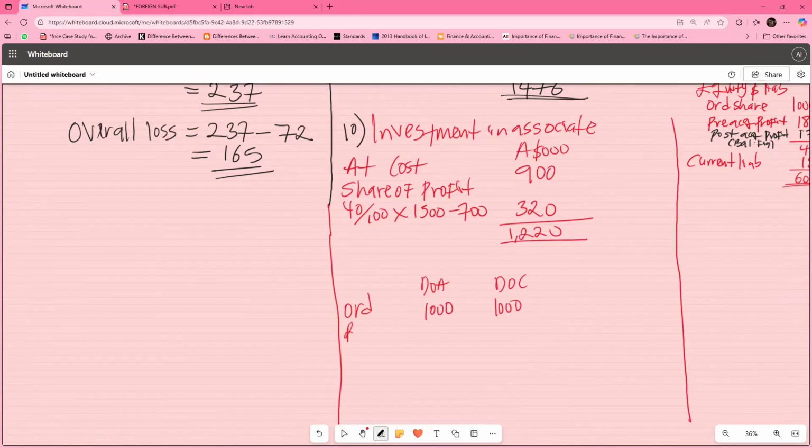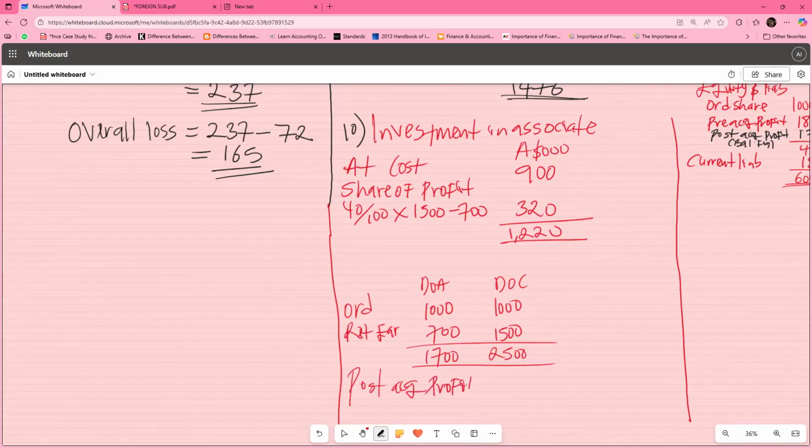The retained earning as at today is 1.5. And when you acquired it was 700. So it's just for you to say, okay, this is 2.5, and this is 1.7. Then post-acquisition profit is now going to be 2.5 minus 1.7.